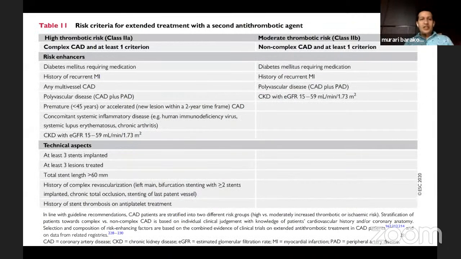So the conditions that increase the chance of having recurrent ischemic events are like diabetes, recurrent MI which has already occurred twice or thrice, any multivessel coronary artery disease with more than 2 vessels, any polyvascular disease like coronary artery disease with peripheral artery disease, premature MI like less than 45, accelerated events, like having an event more than 2 times within 2 years, and concomitant systemic disease like HIV, SLE, or rheumatoid arthritis, or CKD with GFR less than 50.